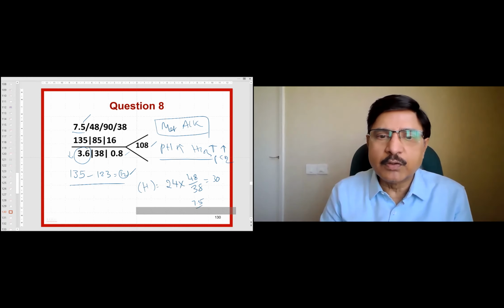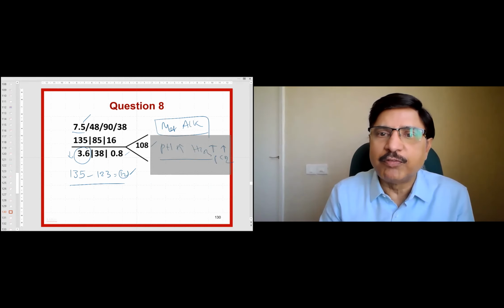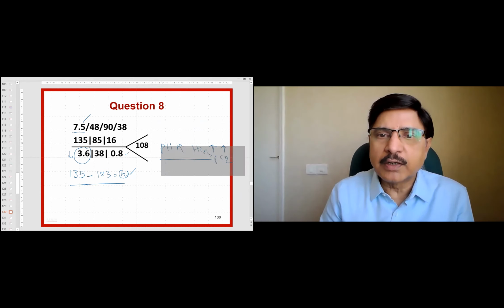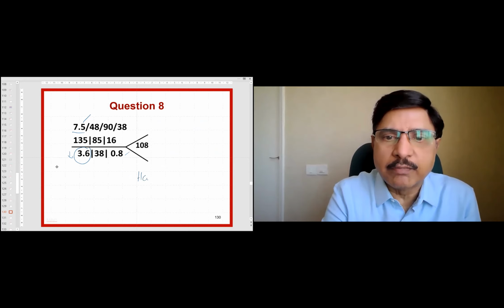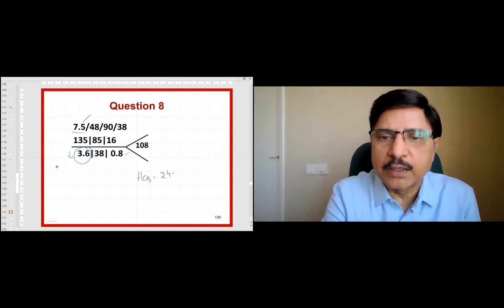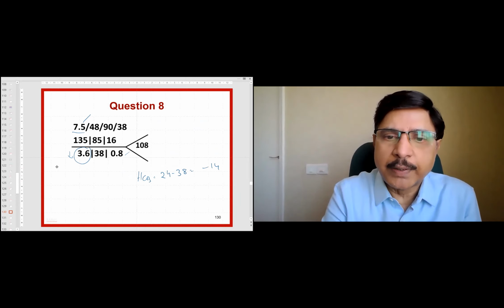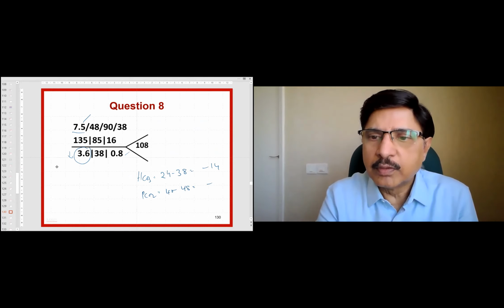Then another thing you need to know is whether the compensation is okay or not, and that should fit with the metabolic alkalosis. We have a formula for metabolic alkalosis compensation that we will verify. Delta bicarbonate is 24 minus 38, which is minus 14. Delta PCO2 is 40 minus 48, which is minus 8.